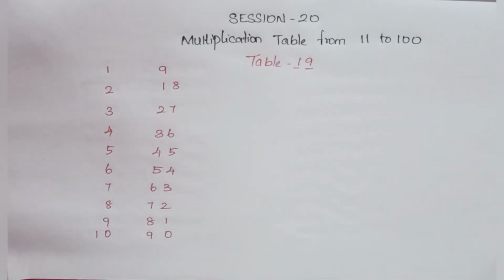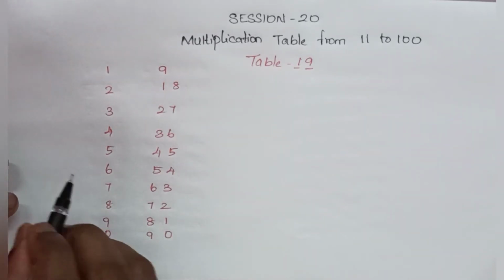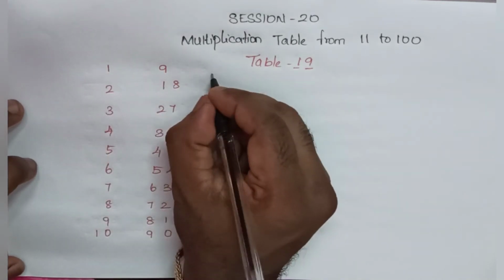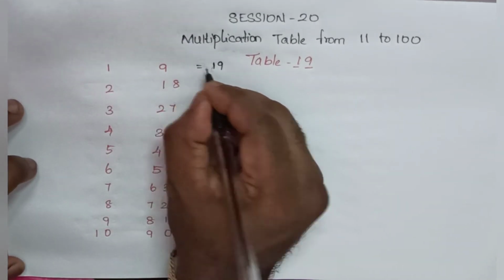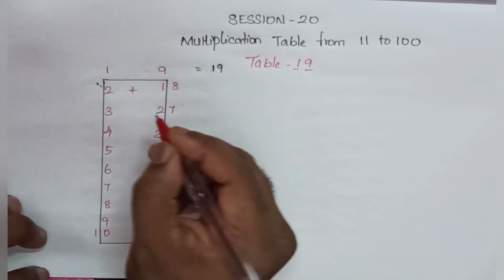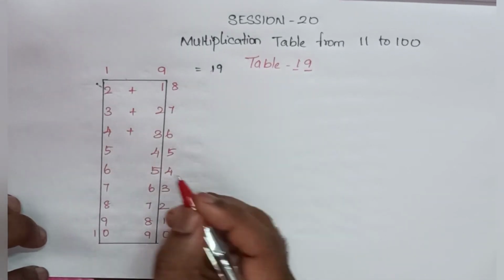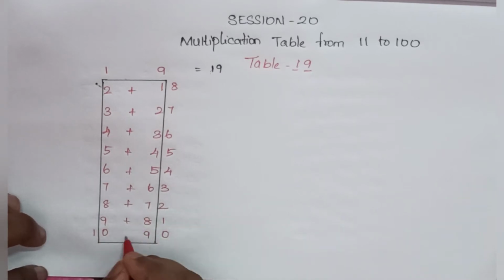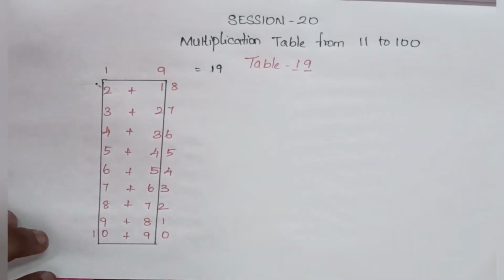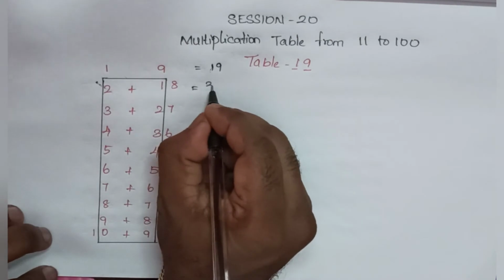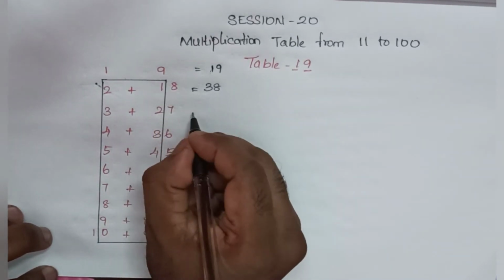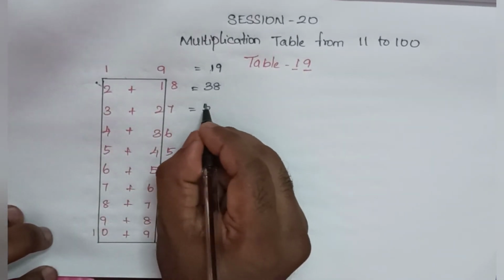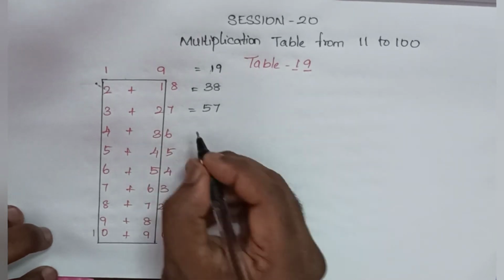Now you have to join both the digits. So 1, 9 is 19. Then add the inner digits like this. 2 plus 1 is 3, 8 outside, 38. 3 plus 2 is 5, 7 outside, 57.